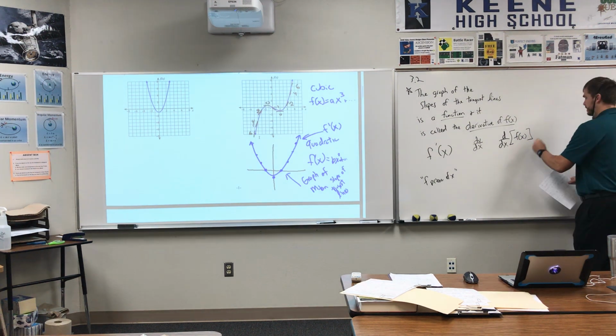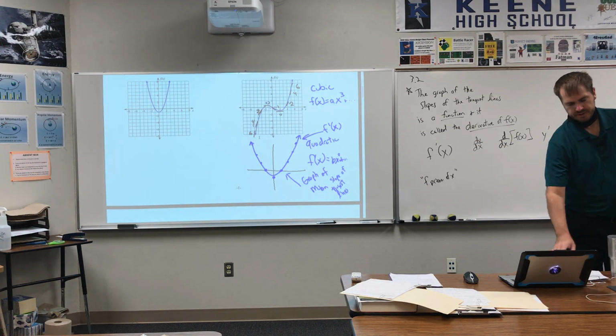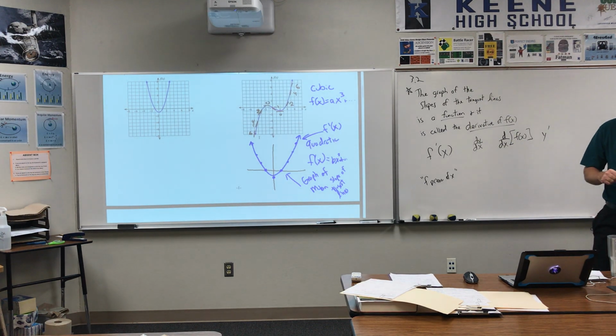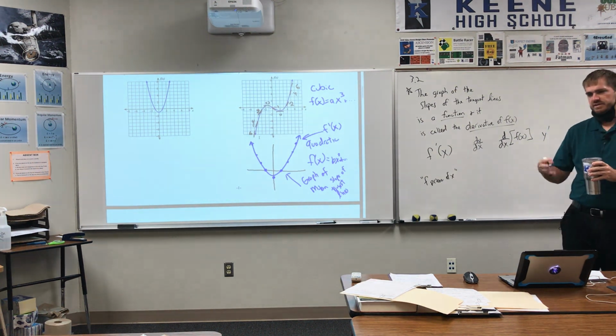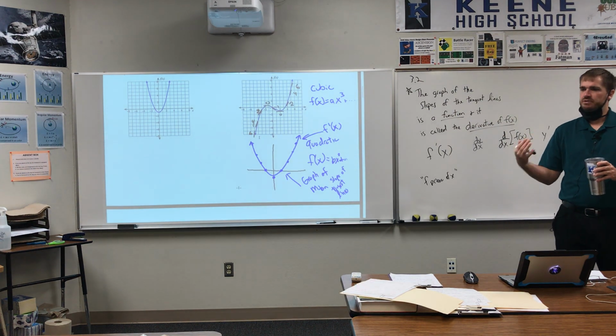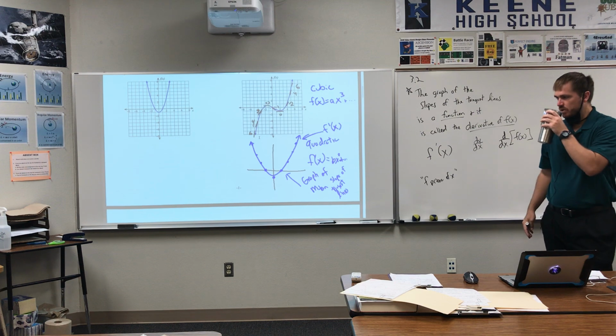It's also sometimes called y prime. Part of it is because whenever they were discovering calculus, there were a couple of different guys. I think it was definitely Newton, but I think the other guy was Leibniz. And they kind of discovered it at the same time. And they had different notations because they were working on their own doing these discoveries.